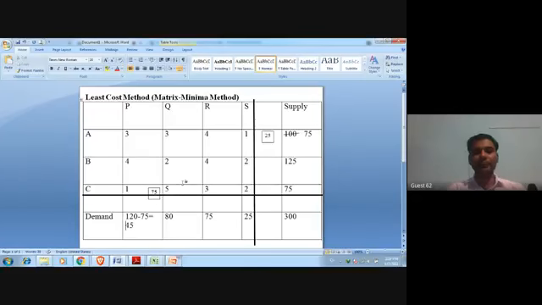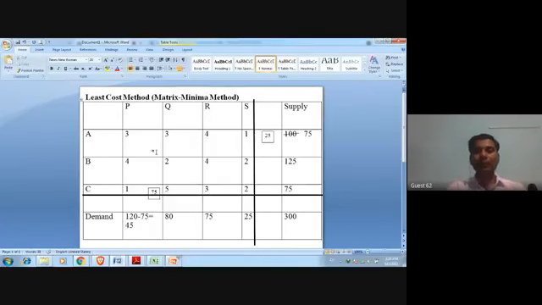One thing more, we will not see the cost which have already exhausted or already fulfilled. Since the demand of S is completed, we will not check in S. Since factory C has already supplied all the units, we will not see in factory C. We will see in the remaining cells.